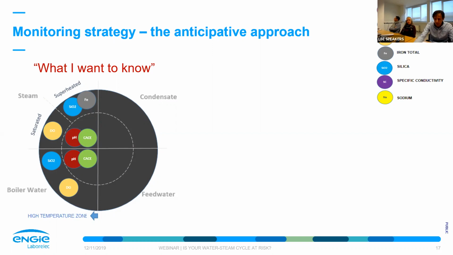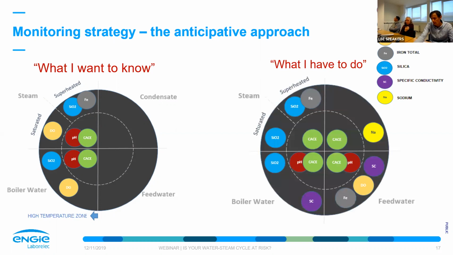But I want to be a little bit more vigilant, and I want to see upcoming chemistry incidents much earlier than that. So what I have to do is different. You can see this is a totally different pattern. We are analyzing much more on the feedwater side to work in a proactive way and to detect issues much earlier.